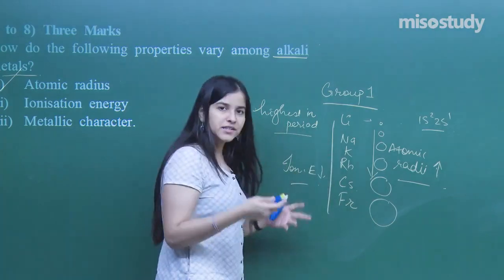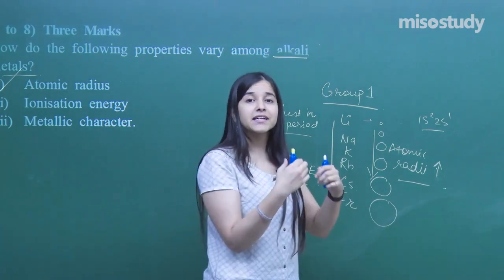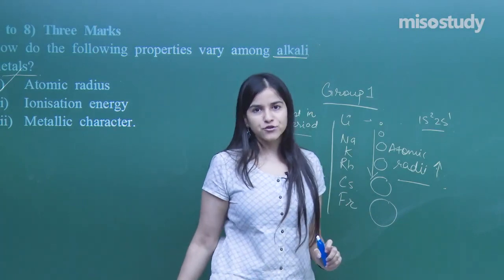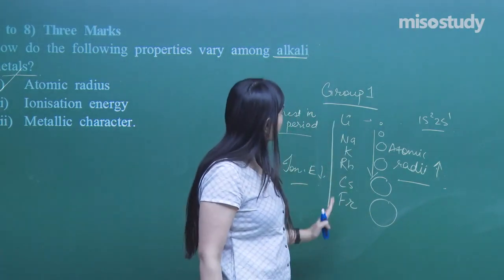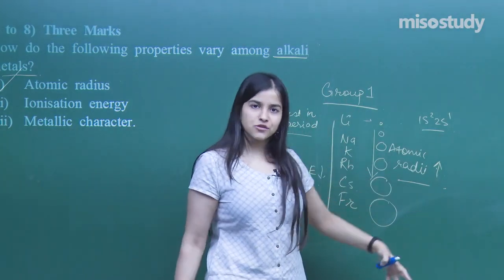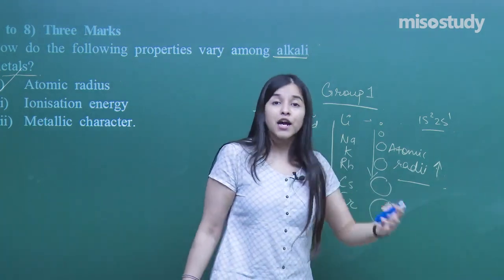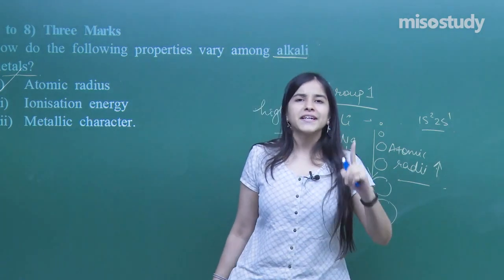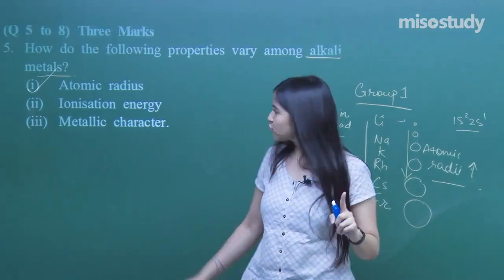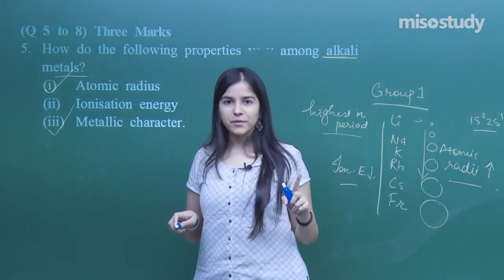Down the group, ionization energy decreases because of the bigger size, it is willingly able to give the electron. In the period, since it has the biggest size, it will have the most metallic character, it will be more electropositive, and that completes my third point as well.